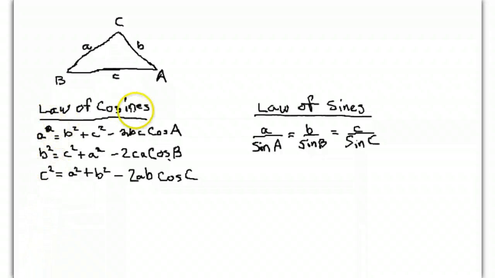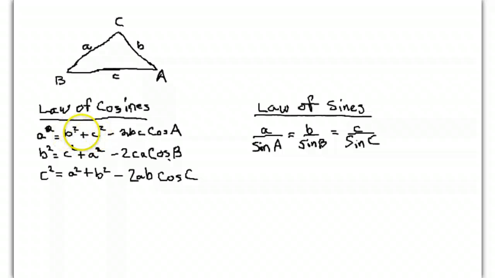So this law of cosines formula, the first one says a squared equals b squared plus c squared minus 2bc cosine of big A. This is the only big letter in the whole formula. And if you notice, if you start off with little a, you're going to end with big A. And if you use an A, then you're going to have B and C on the other side.